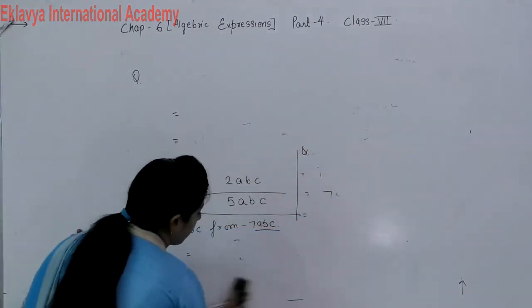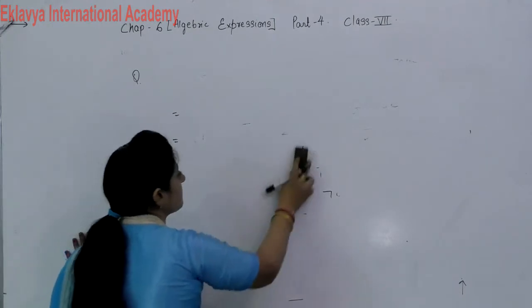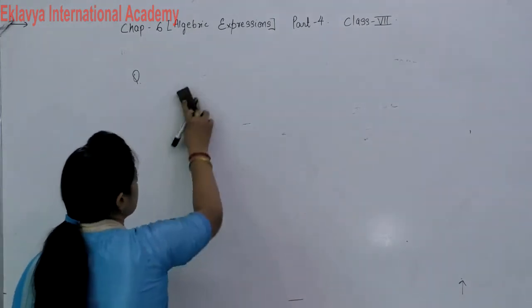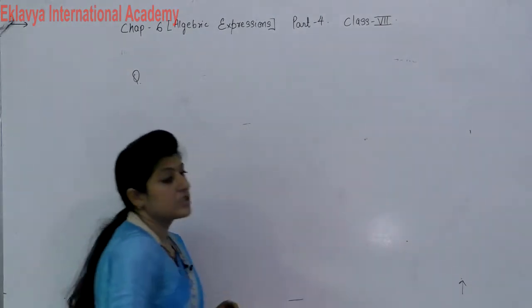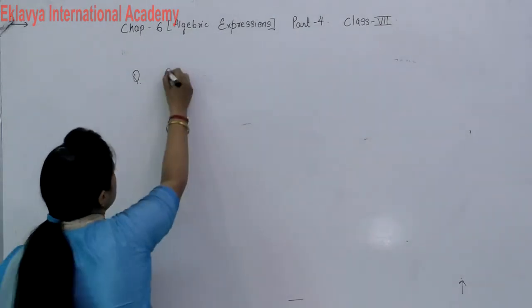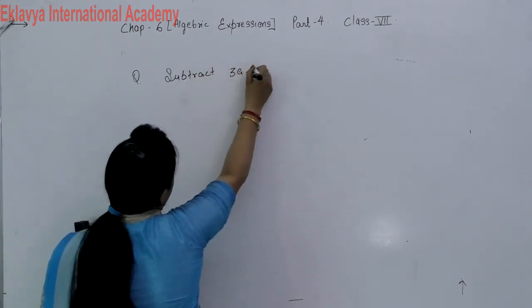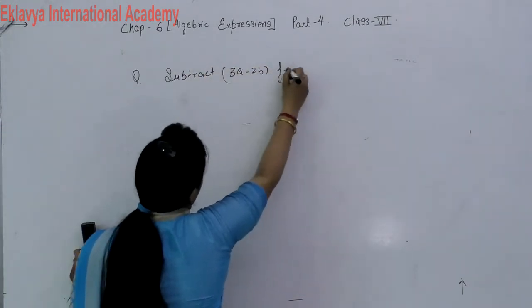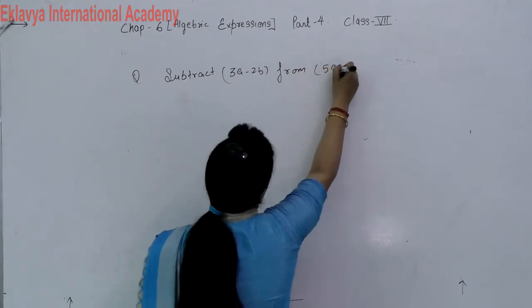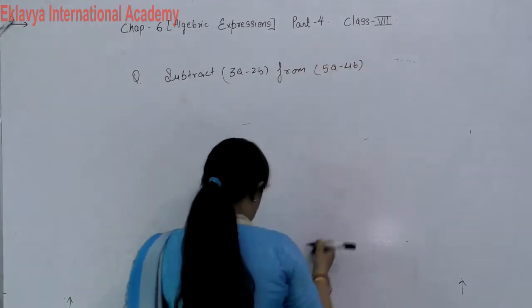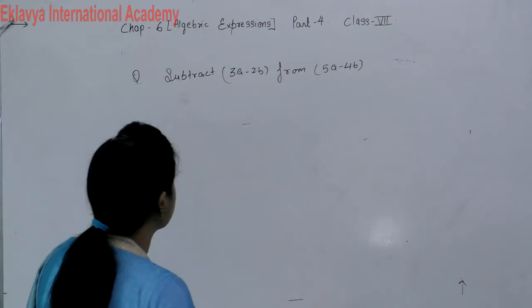If we have binomials in subtraction, then how to solve? Suppose I write: subtract 3a minus 2b from 5a minus 4b. How to subtract it?